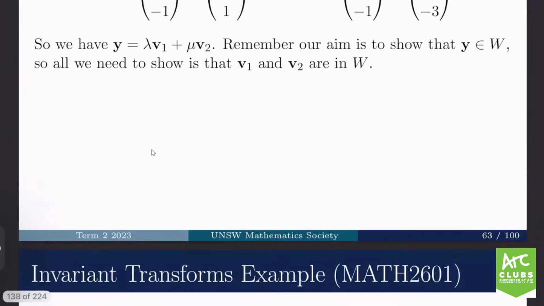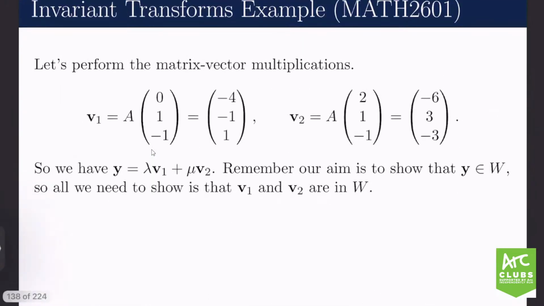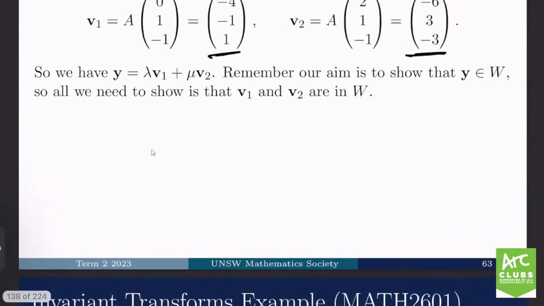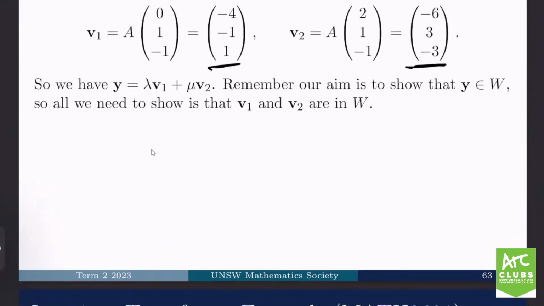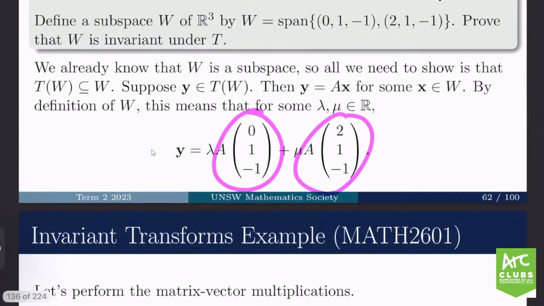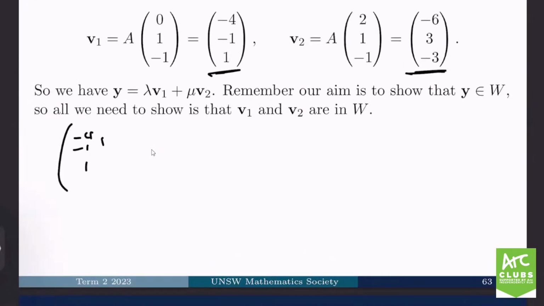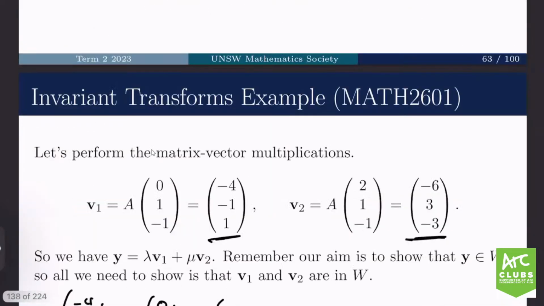So it's just a matter of finding these two vectors as part of the span of W. And in order to do that, for example, with the first vector, keep in mind that W is the span of (0, 1, -1) and (2, 1, -1).